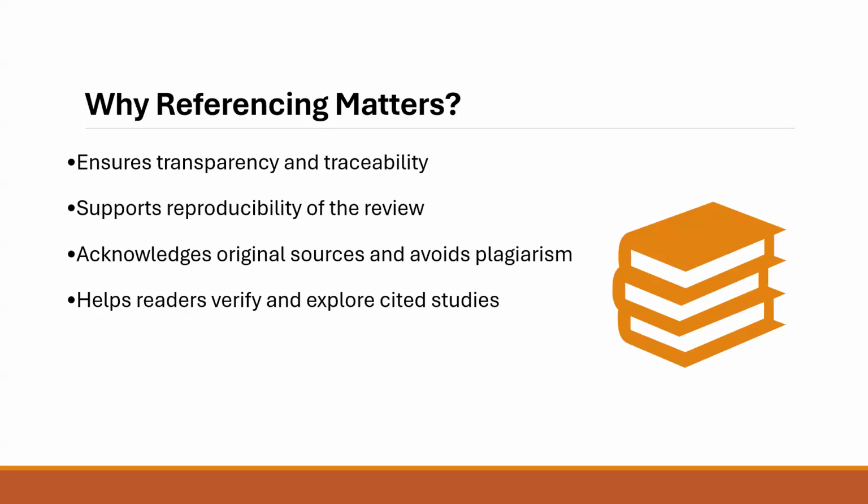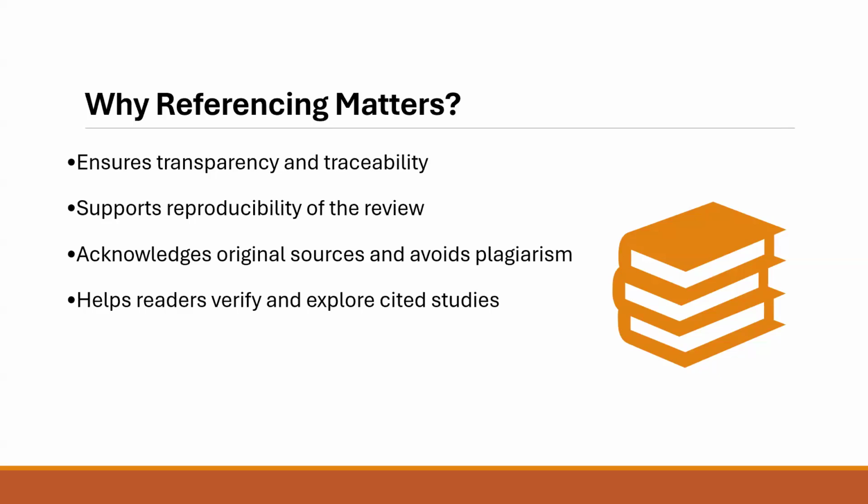Always acknowledge original sources and avoid plagiarism. If you reference the particular source that you have used, the original source will be cited, and it shows that you have not plagiarized the content. You state that this author has mentioned these things in their review paper or the original paper, but don't take the exact words and write them, as that will lead to plagiarism.